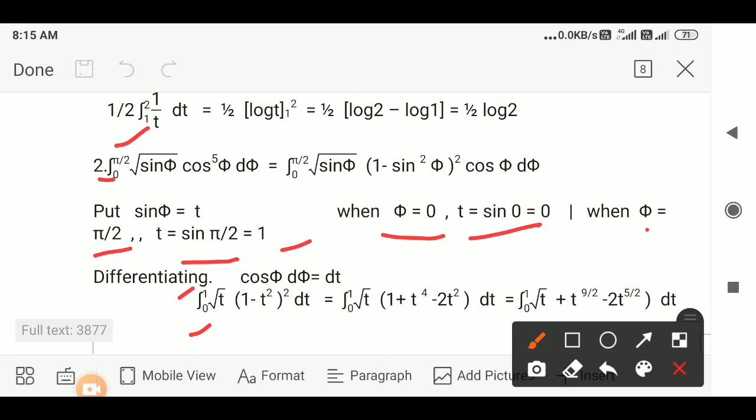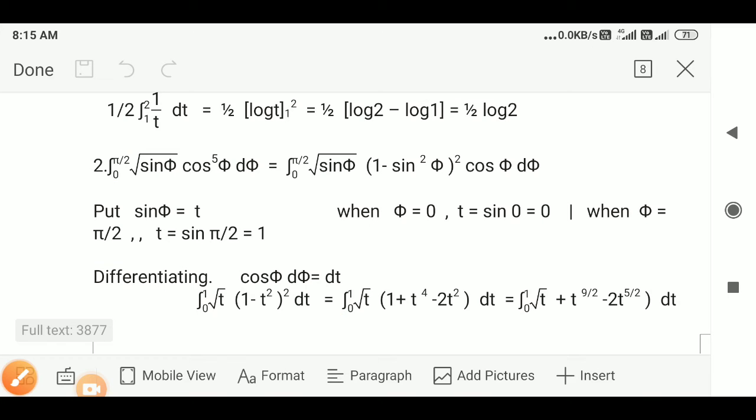Now you have to also differentiate this one. You get sin phi is t, then cos phi d phi is equal to dt. Now replace all the values: sin phi is t, limits 0 to 1, and cos phi d phi is equal to dt. So we get this result. Now you have under root 0 to 1 under root t bracket 1 plus, you will open it, the square 1 minus t square whole square.